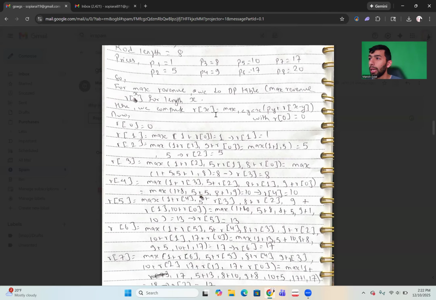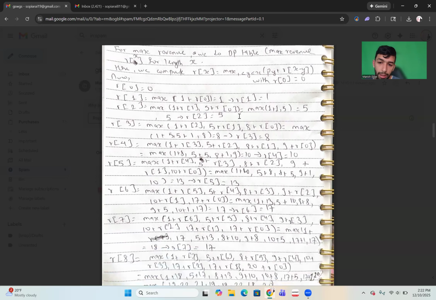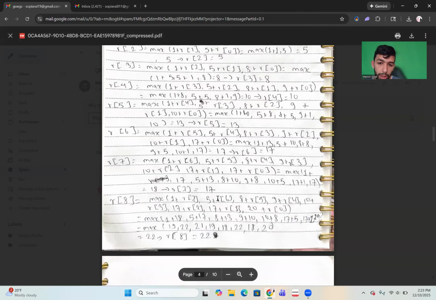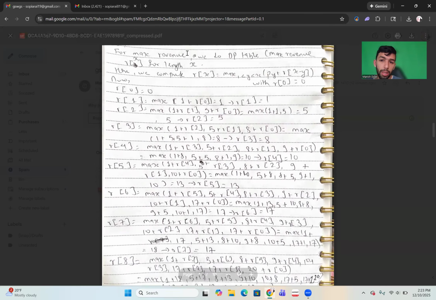So R of X, for X from 0 to 8, where each entry is the best revenue for a rod length of X, right? And then the table shows increasing revenue up to R8, which would be 22, I think. It's somewhere in here. Yeah, which would be 22 right here.